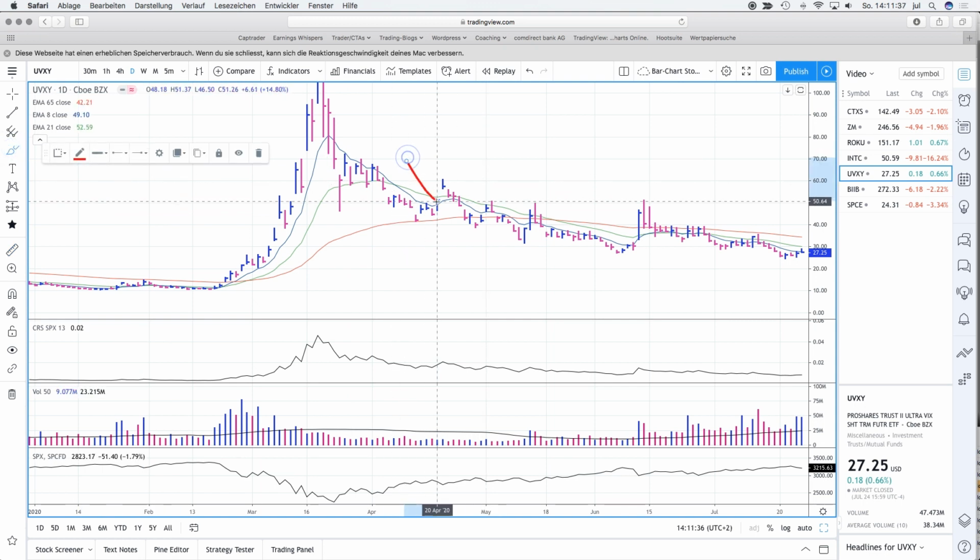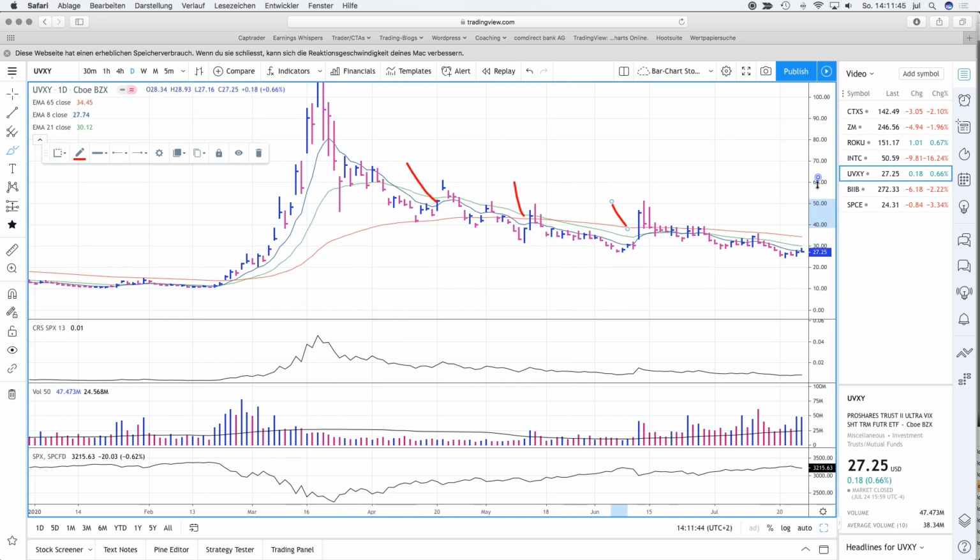You can see here that every counter move in a rally is very, very strong. And sometimes you also have the big risk of gap ups, because if in that case the S&P 500 gets down strongly, you have the problem of gap ups in the volatility ETFs.